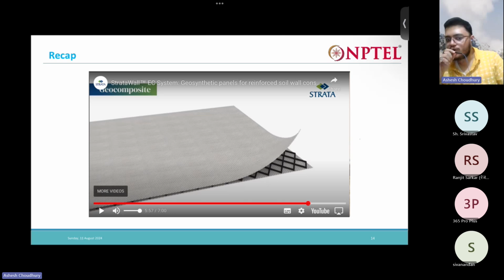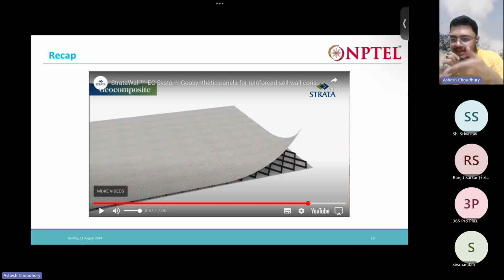It is going to prevent the fines from entering. It is going to allow the water to enter, and then along this vertical direction the water can easily flow, in-plane permeability, right? Water can easily flow and drain out. Okay, so the main purpose is drainage.